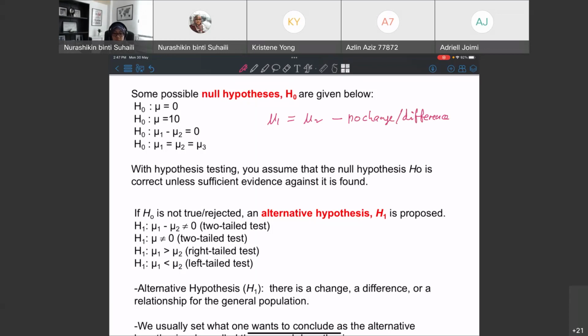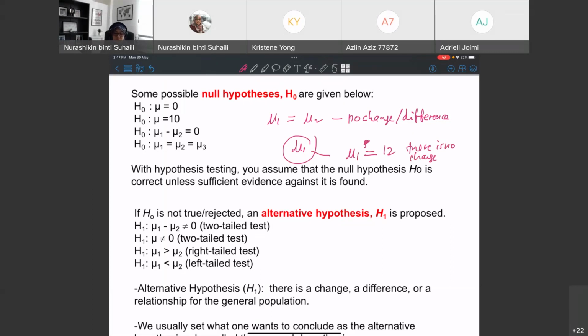If you are comparing only one sample with a standard value, maybe mentioned in the problem, you want to test whether the mean of the sample is similar to the standard value, let's say a mean of 12, maybe. Your null hypothesis would say that mu1 is equal to 12, which is an example only, yeah? So it means there is no change or difference between the sample mean and the standard value.